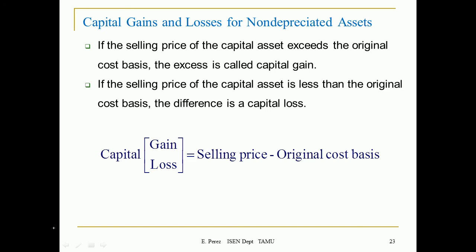If the selling price of the capital asset is less than the original cost basis, then there is a difference. That's called a capital loss. And we basically name those cash flows depending on the result we get with the difference between the selling price and the original cost basis. So if you have a capital gain, then you're going to apply a specific type of taxes to that. If you have a capital loss, you're going to use a different type of taxes.